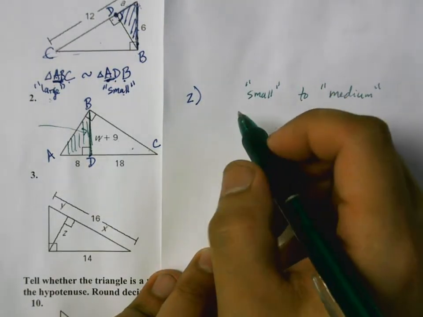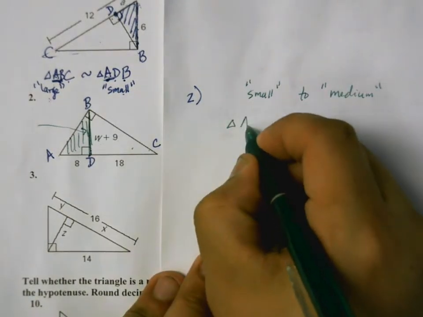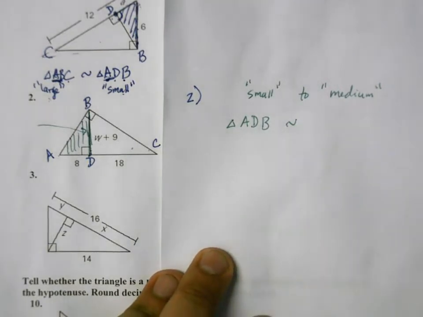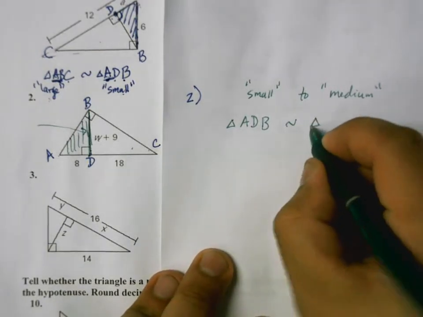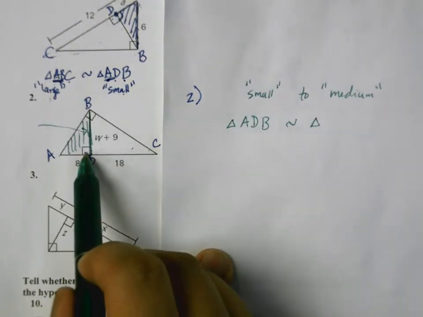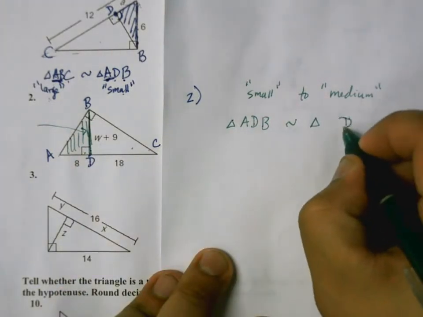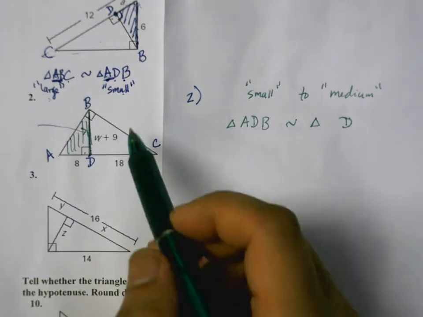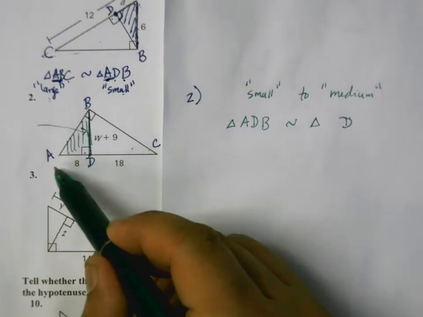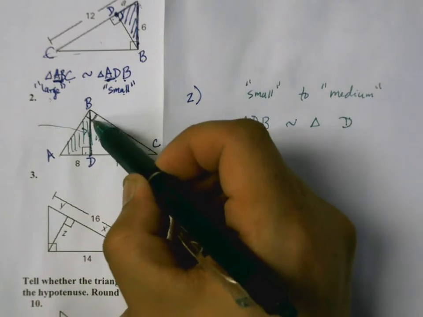So this is the one that's a little bit trickier, so I'm going to start with the small one. Triangle ADB is similar to, and this one's a little bit harder to write, and the similarity statement I think is the most important part. You can see that in the small one, the letter D refers to the right angle, and it's in the middle here, so this also has to be D. The way that this works out is that if you look at the proofs from the previous page, it's this angle up here, this little angle.